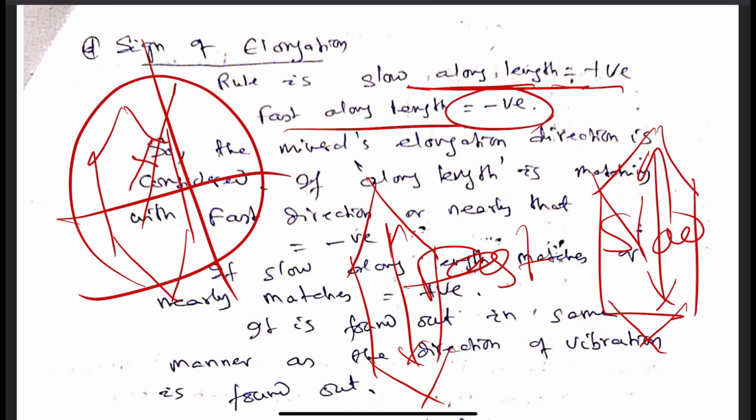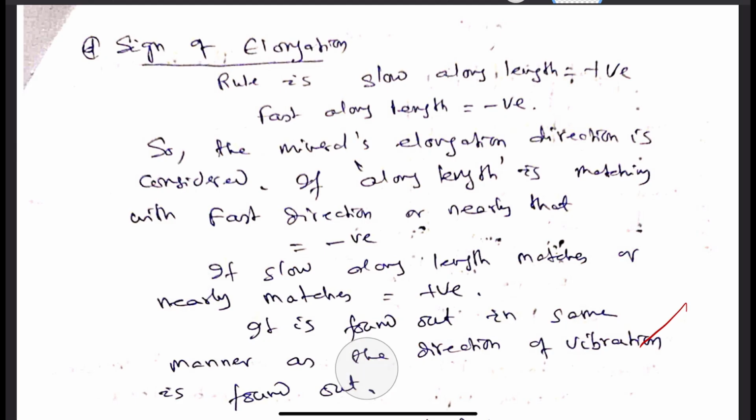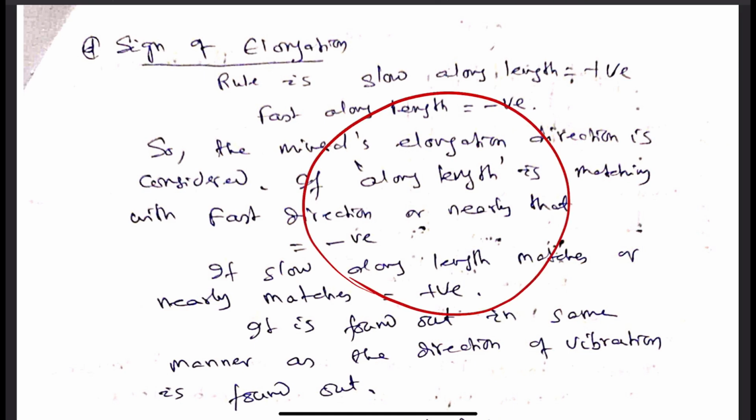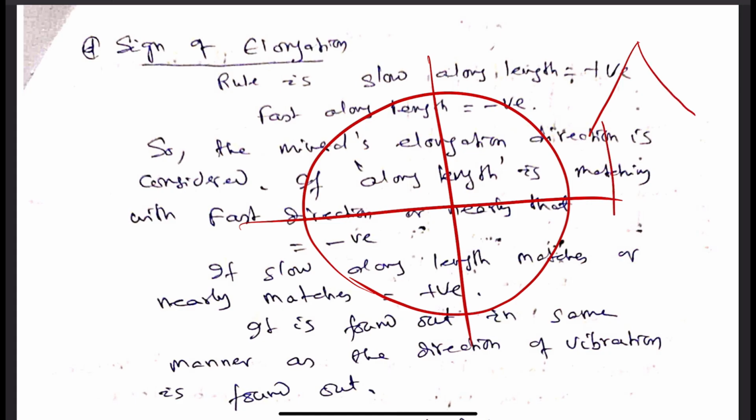In that case, in the position of extinction, the mineral will not be parallel to the cross wires. When the elongation direction is not matching with the vibration directions, then it will be a little bent like this.